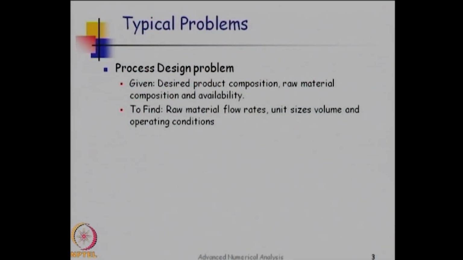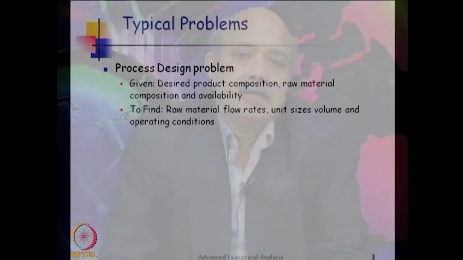You are given some desired product composition, you are given some raw material availability, and then you have to find out unit sizes, flow rates, and operating conditions. So coming up with a base design from which a mechanical engineer or other engineering departments can take over is the job of a chemical engineer, coming up with the basic flow sheet design.